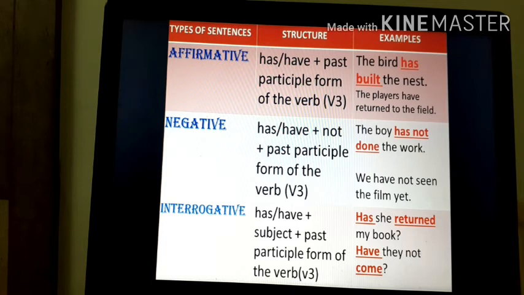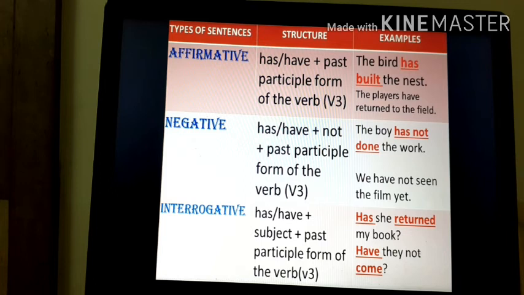In negative, has or have plus not plus the past participle form of the verb. The boy has not done the work. We have not seen the film yet. Here has not done and have not seen are the negative structure of present perfect tense.